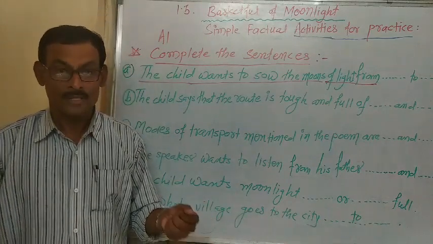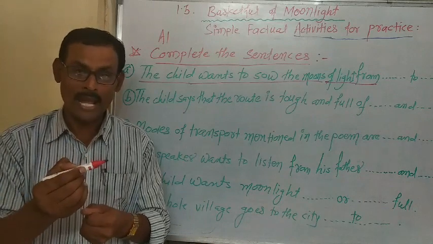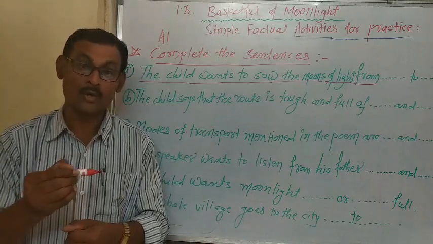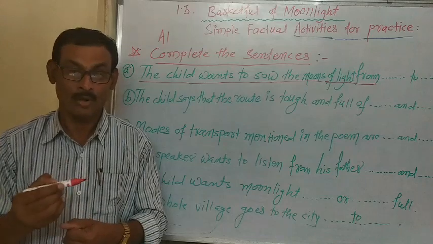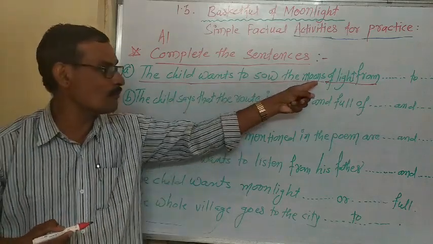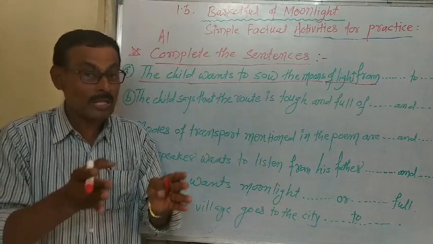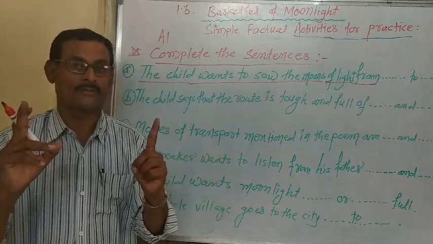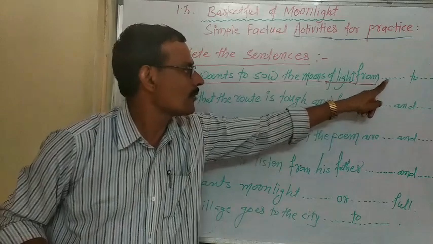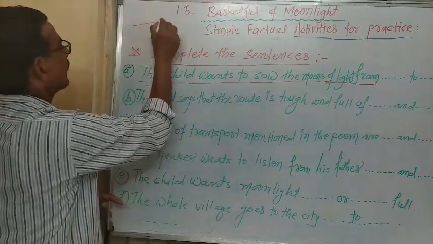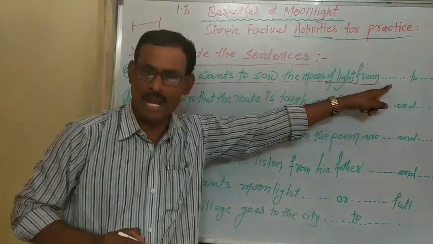The child is requesting the moon to give him baskets full of seeds of moonlight, because he wants to sow the moons of light from dash to dash to light the road between two points. The names of these two places will be written here.